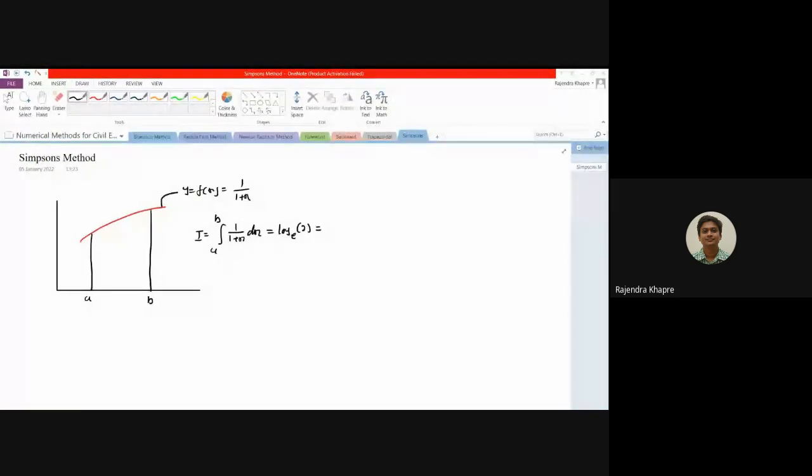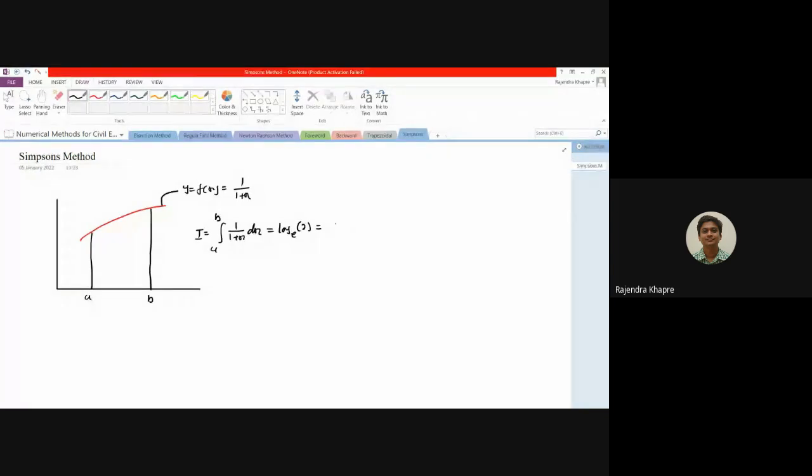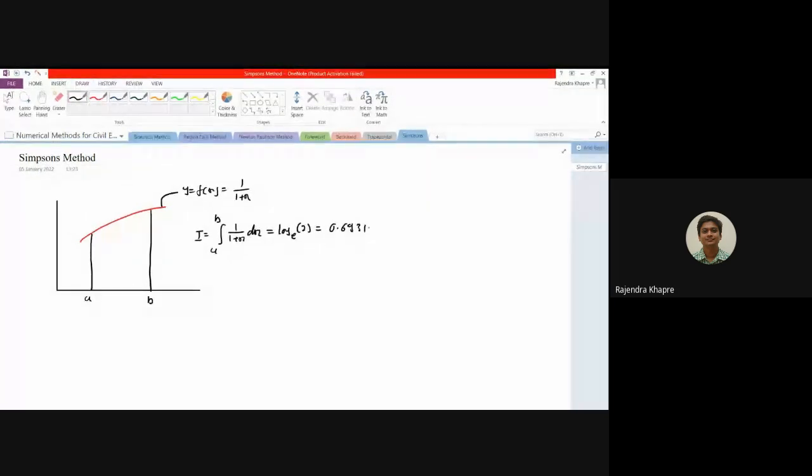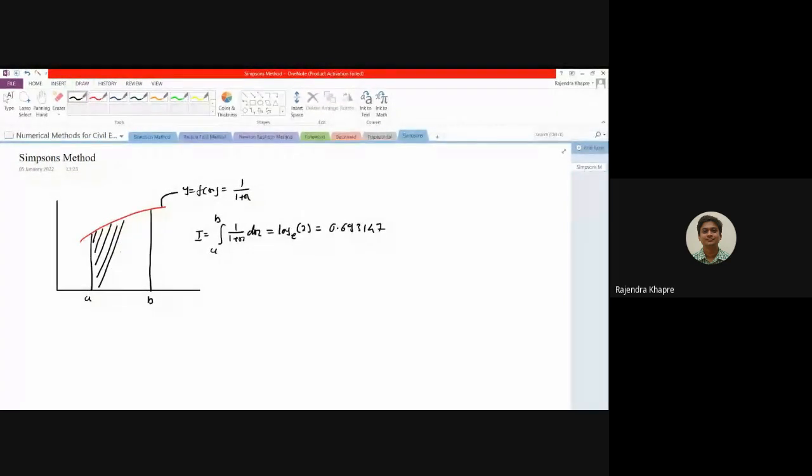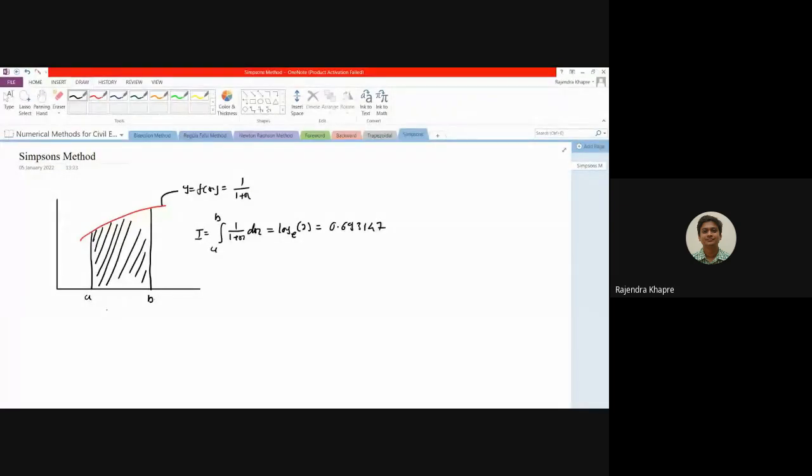Its numerical value comes out to be 0.693147. This is the exact solution. And integration means what? We are basically trying to find the area under this particular curve between the limits a and b. Last time we used the trapezoidal method.